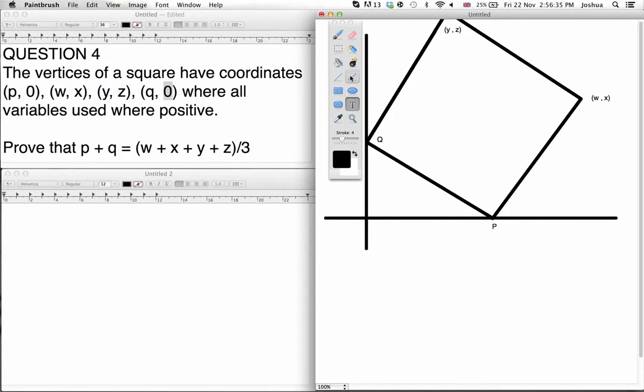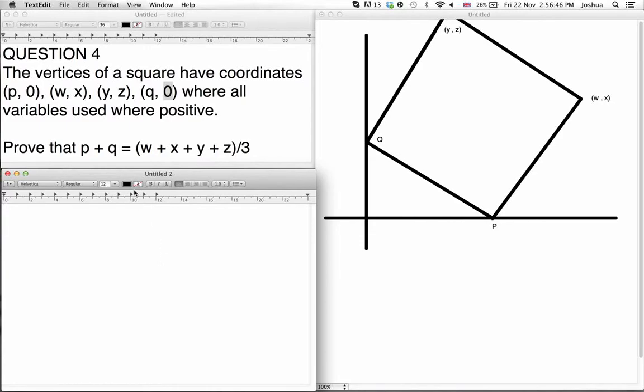Now let's just get some equations out. So we know that the gradient comes in like... okay, I haven't memorized my equation, so I'm just going to do some bit of organizing. You know that m is equal to y change divided by x change.